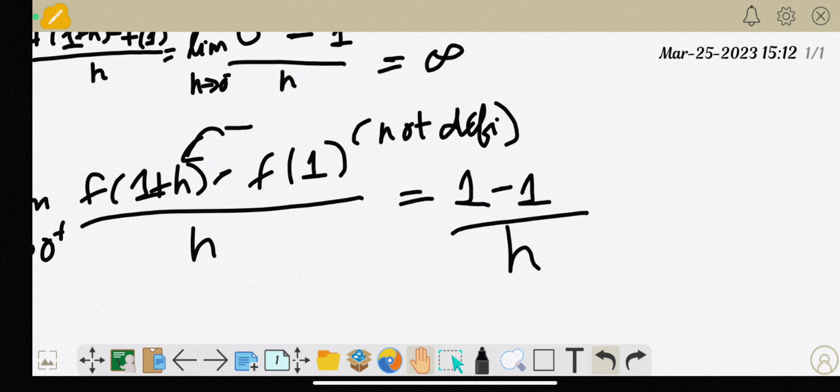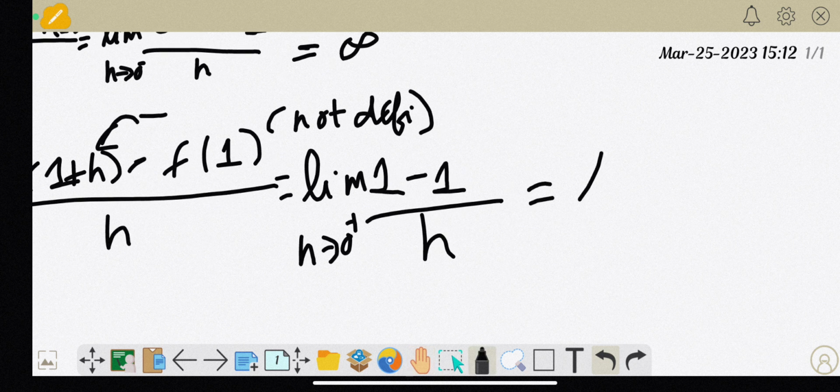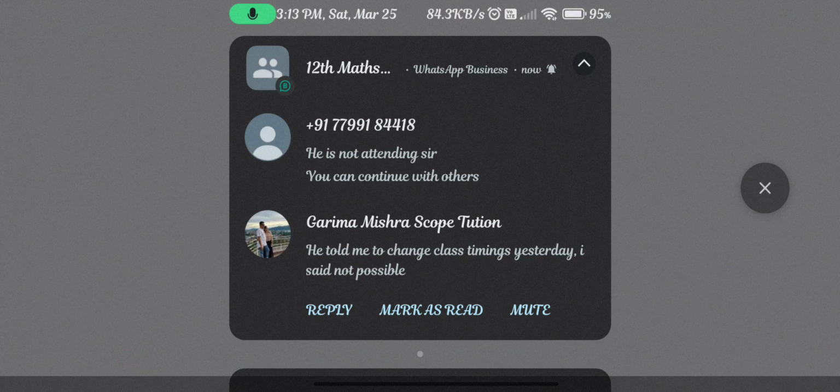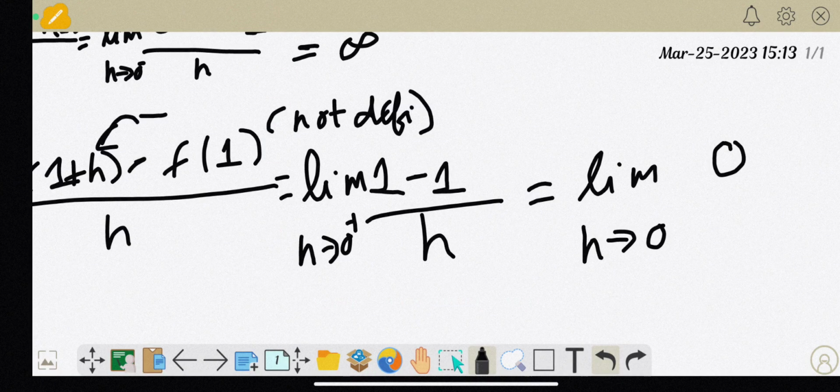Now you have to write this also every time: limit h tends to 0 plus. Now what we got? It is limit h tends to 0 of 0 by h.